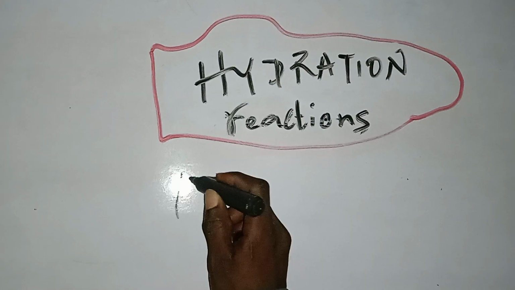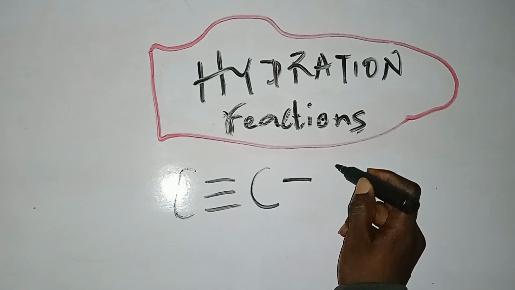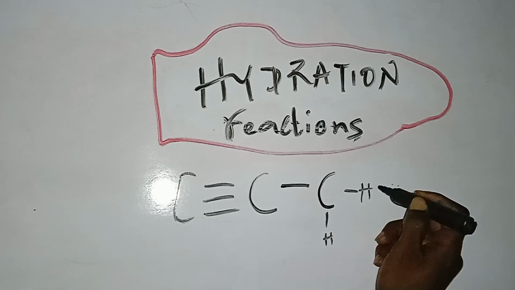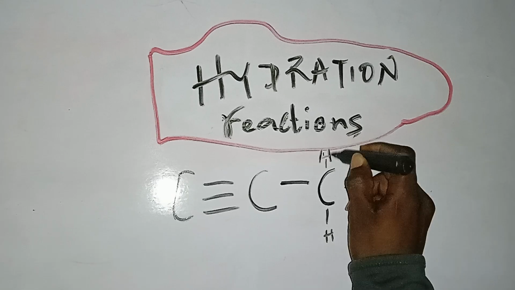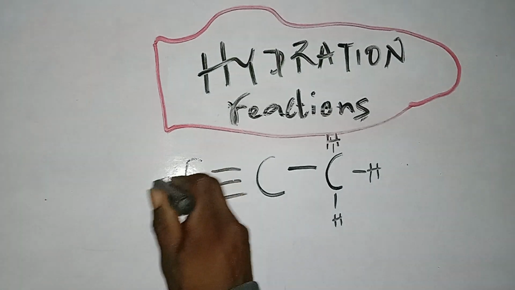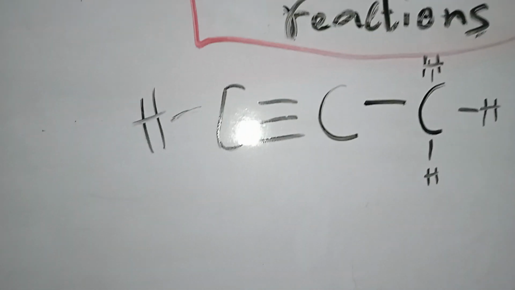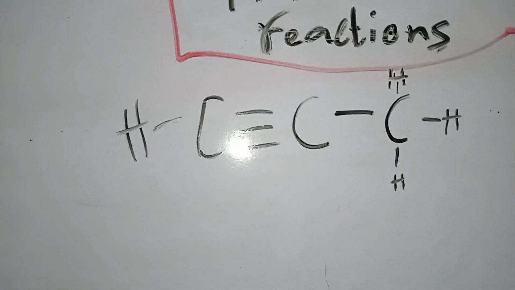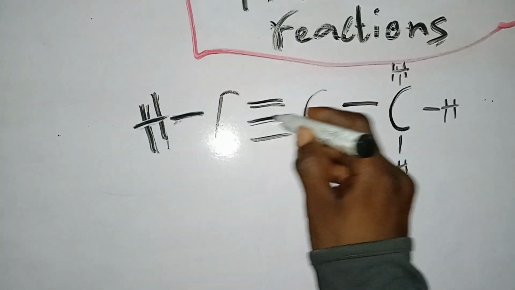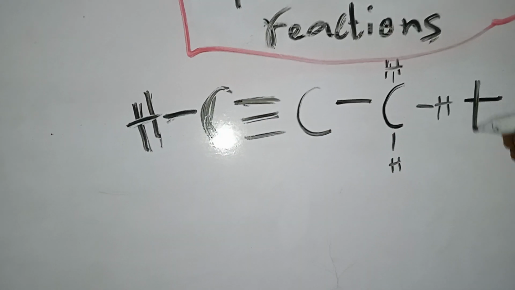A hydration reaction is a situation where I have C bonded to C bonded to C, with H's attached, 1, 2, 3, 4, and I have H. Now I'm told that this reacts with water.